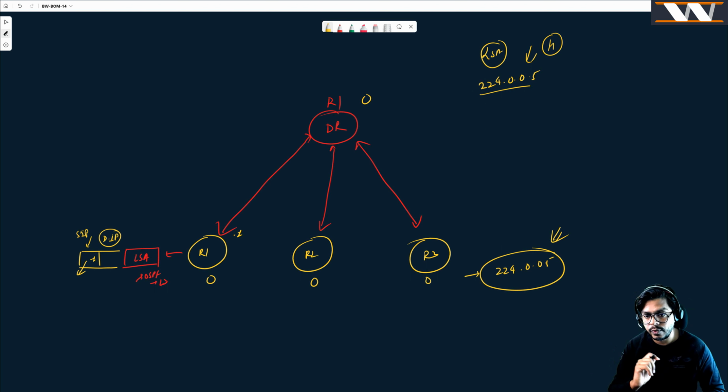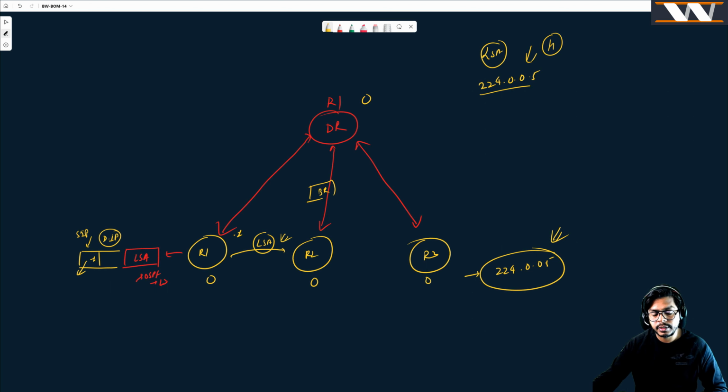And that is what I don't want. If R1 sends the LSA, it is of course going to reach here, right? Because this is a broadcast medium, and generally a switch treats multicast as broadcast. But what I want is that these routers should ignore these LSAs.